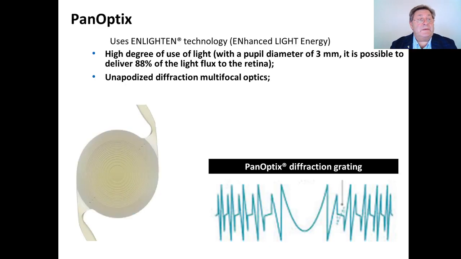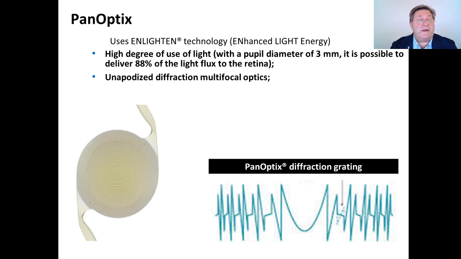Panoptix uses enlightened technology, enhanced light energy. A high degree of use of light with a pupil diameter of 3 mm is possible, delivering 88% light flux to the retina.